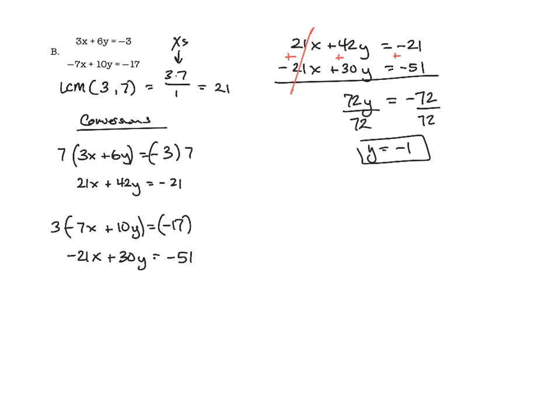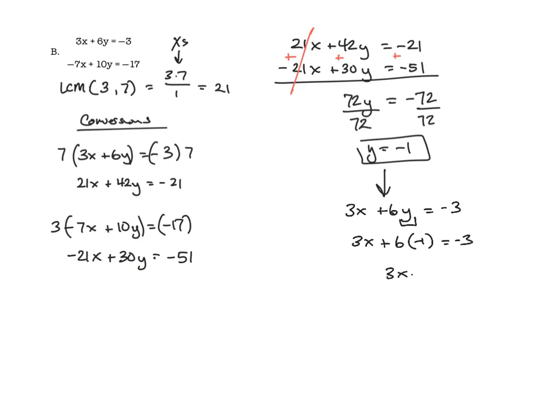When I have y equals negative 1, I take that information and I'm going to plug it into an original equation. So I'm just going to grab the first equation because I can. So I'll get 3x plus 6y equals negative 3. So 3x plus, wherever I see a y, I replace it with a negative 1, so the 6 stays, multiplied by negative 1 equals negative 3.